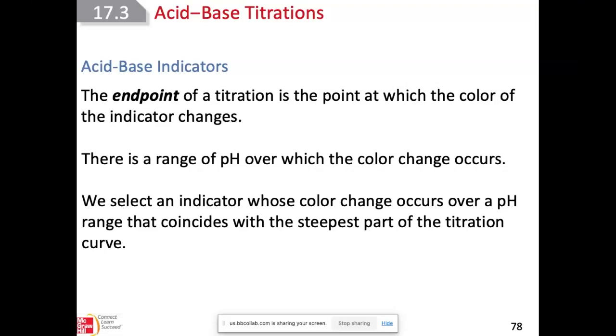If we're doing an acid-base titration and we know at what pH range the equivalence point happens, then we can select an indicator whose color change happens over the pH range that matches the steepest part of the titration, the pH at the equivalence point.